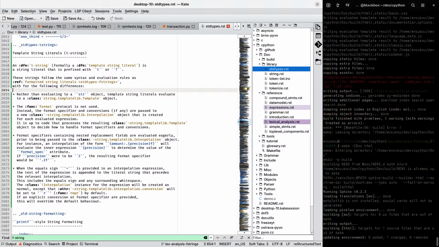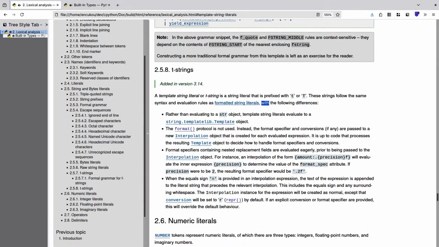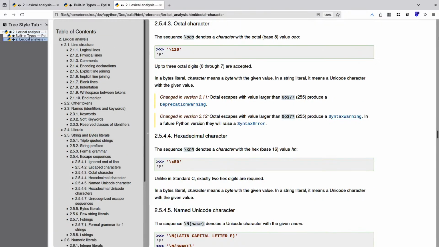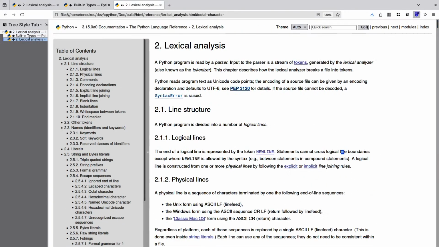Or maybe, well, this should probably link to the new section on f-strings. Where was that?